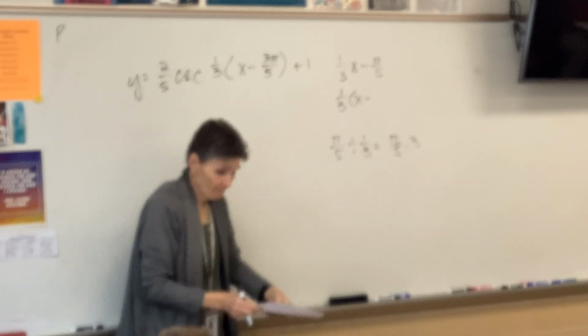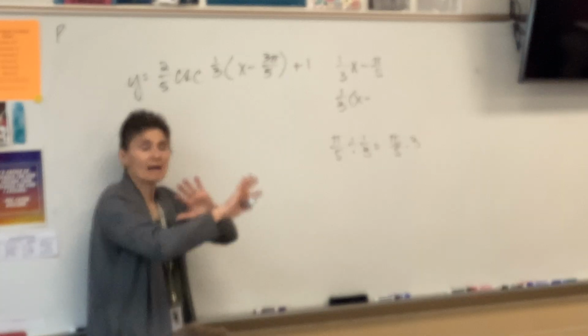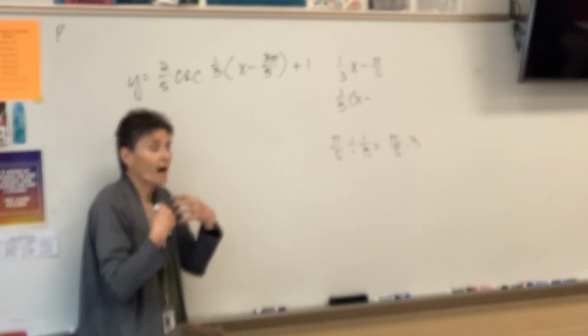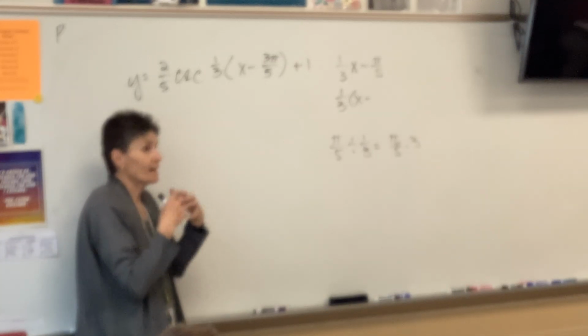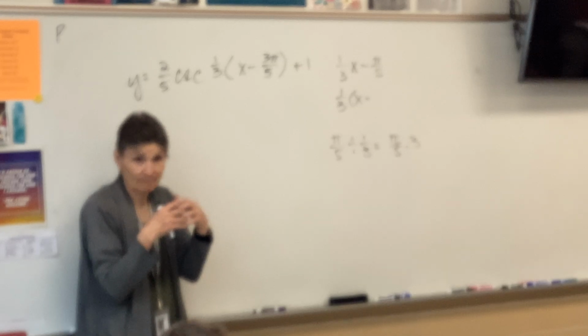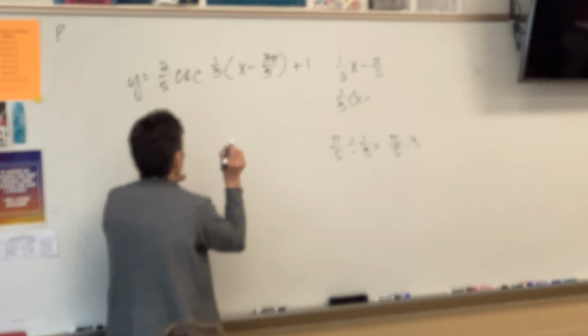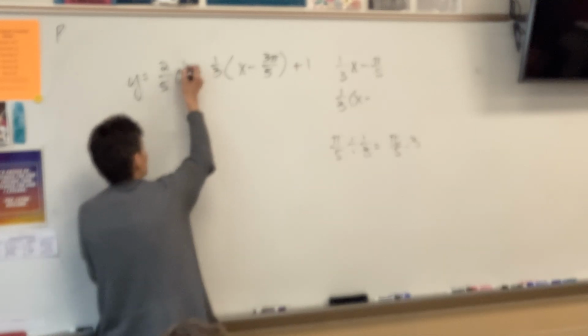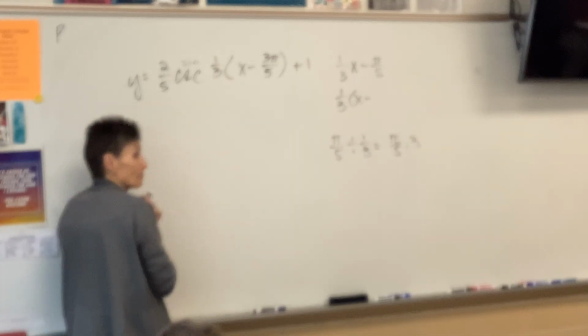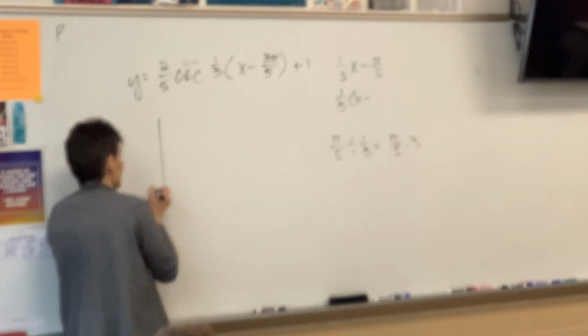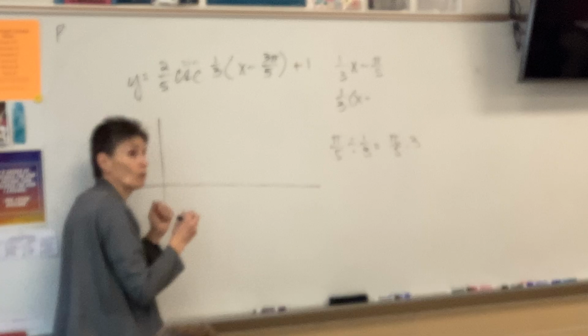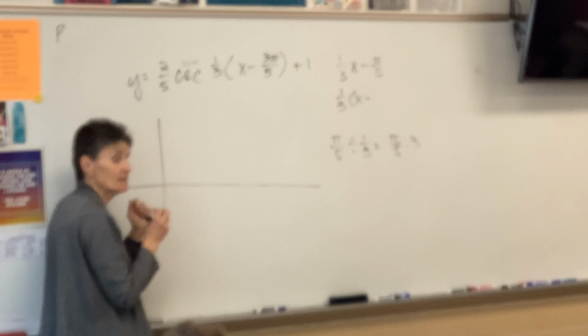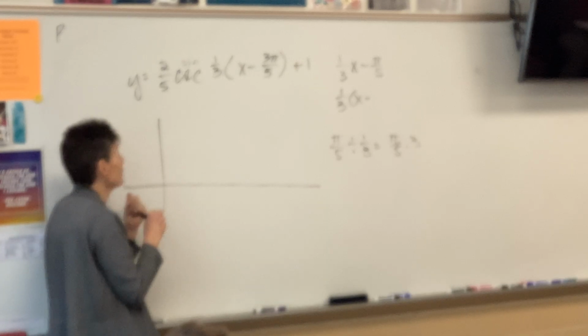And then, you will do this however you do it. When I do a cosecant, I start with a sine. So for the time being, I'm going to think of this as a sine. Why? Well, I think I'm just more comfortable with sines because I've done so many more of those.